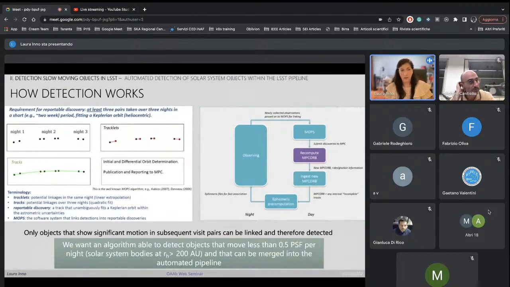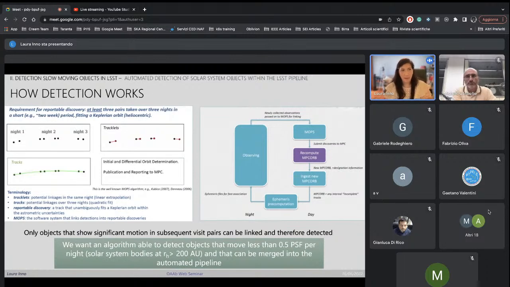Then the information on the object will be passed to the Minor Planet Center database, and if it's a new object, an alert will be sent. If it's not, then the new orbital information will just be ingested in the pipeline, so that the pipeline will not trigger again on the same object. That's perfectly great. We want to see very far away objects, like we want to detect long period comets on the inbound orbit, right?